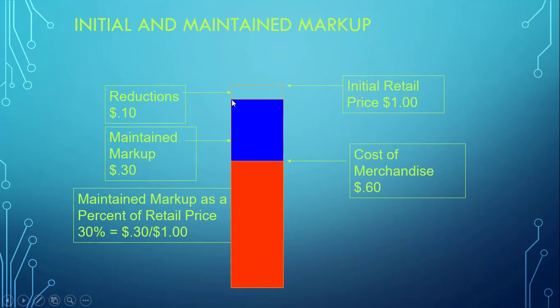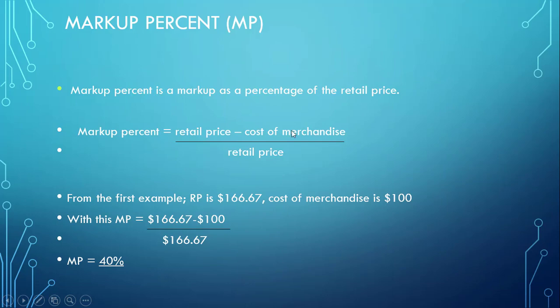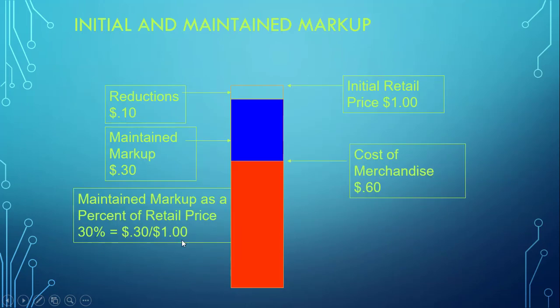But when you reduce the price for different reasons, then you will get the maintained markup. You can calculate the maintained markup percent using the calculation that we have used here, so you can check it for yourself whether it is 30% or not.